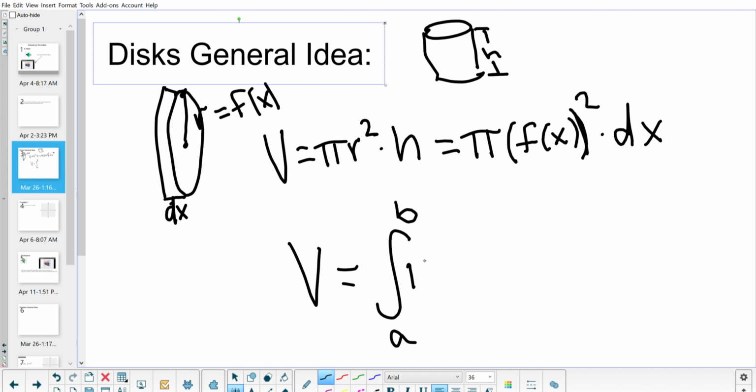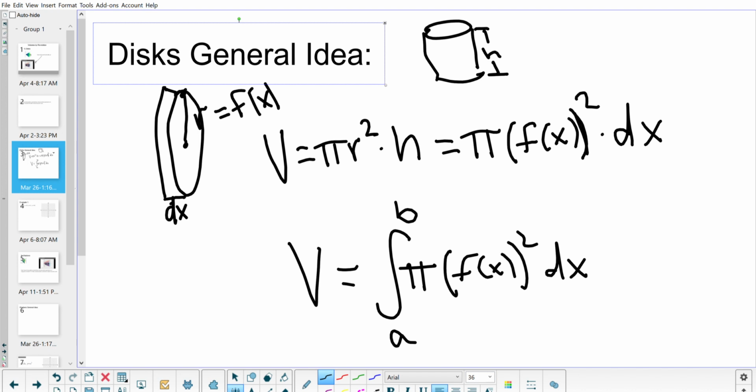And then pi times f of x squared dx. Okay, and actually you can always move that pi outside because that is just a constant.